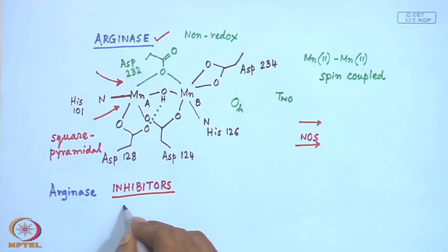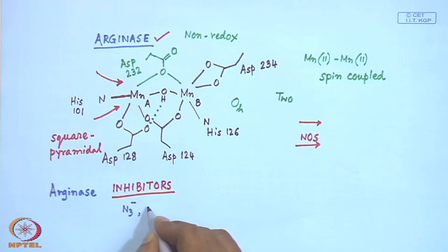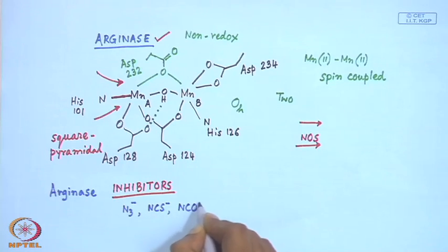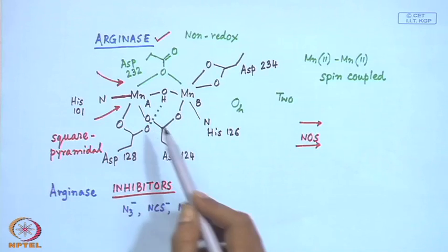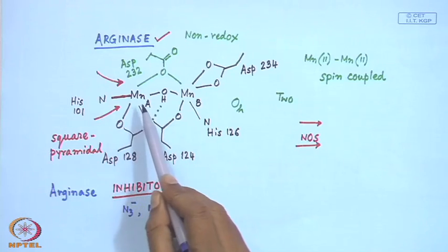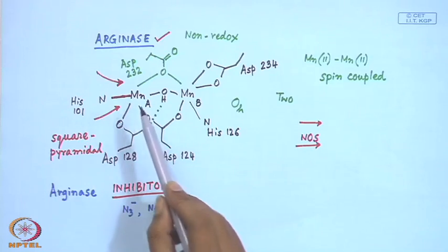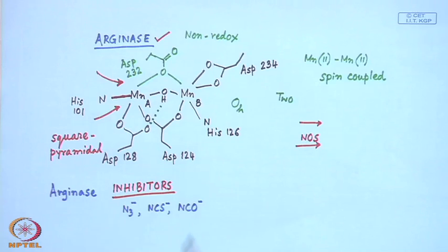Designing these inhibitors does not require large groups; sometimes we even test catalyst inhibition by small inorganic anions like azide, thiocyanate, cyanate, etc. These small groups have some affinity for manganese binding. Once you put them in, they go and bind to that manganese site, and that manganese site will not be available for any reaction with your substrate, which is arginine.